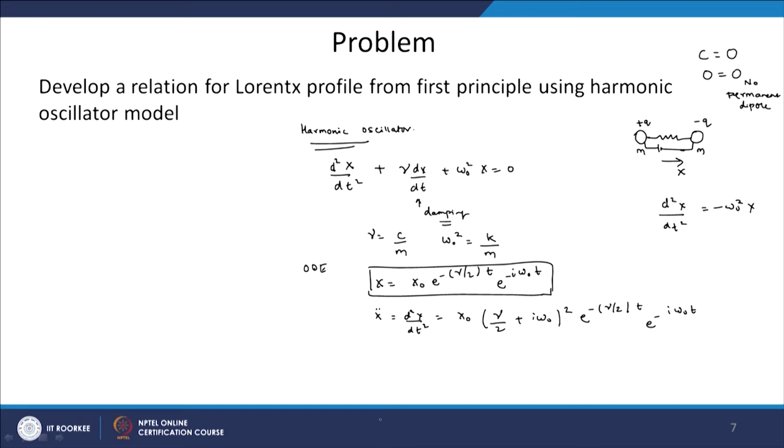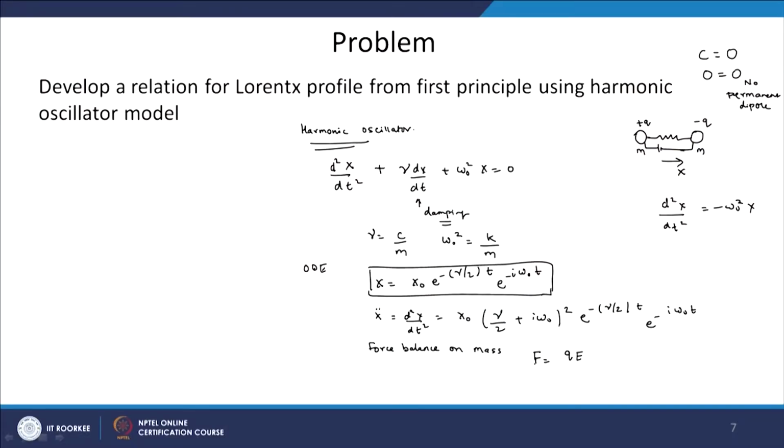Now, we will do a force balance. So, we can write force as equal to q times the electric field E. We have a dipole, so it will exert a force which is equal to q times E, where q is the charge and E is the electric field.